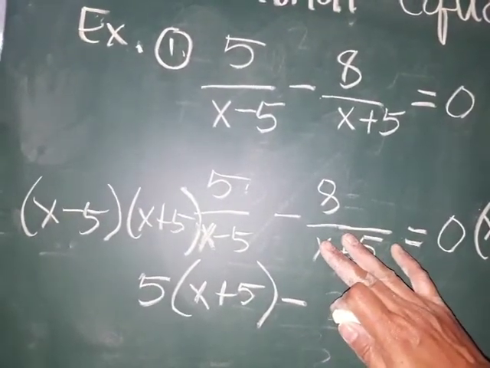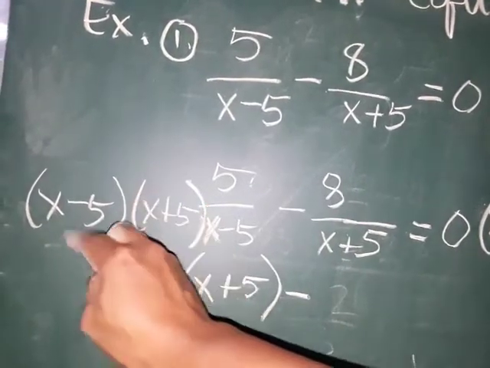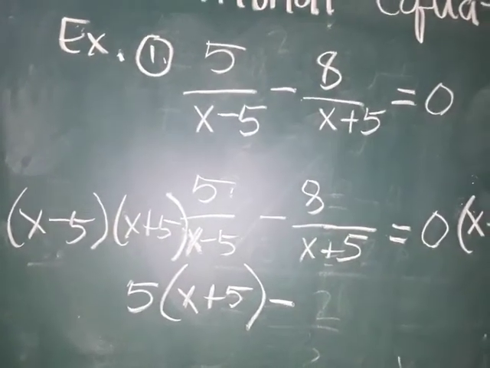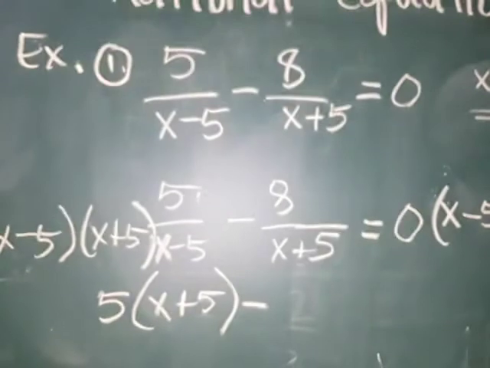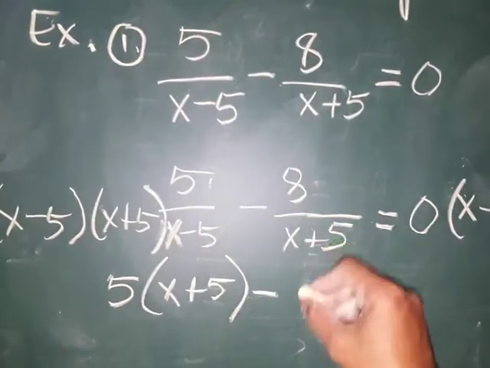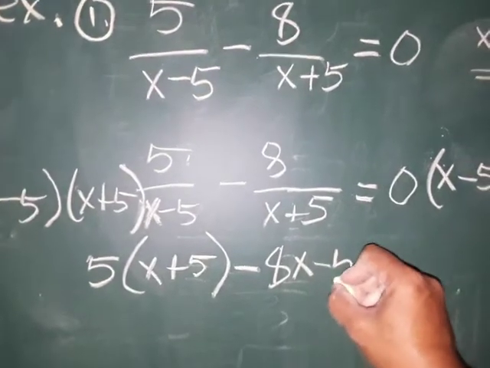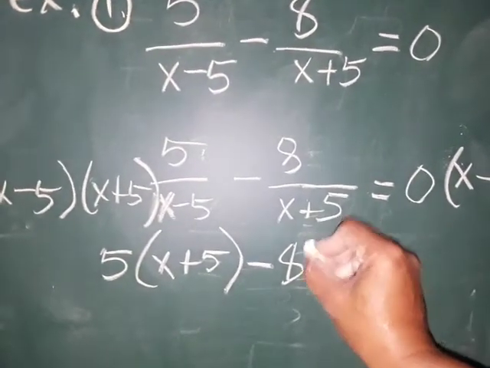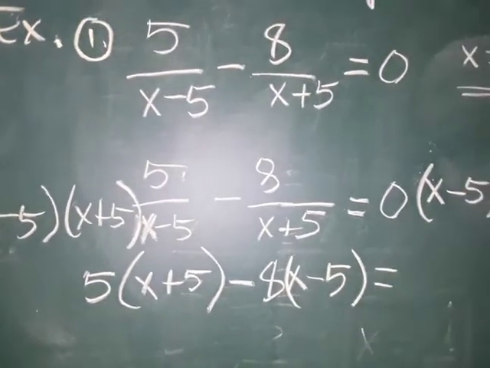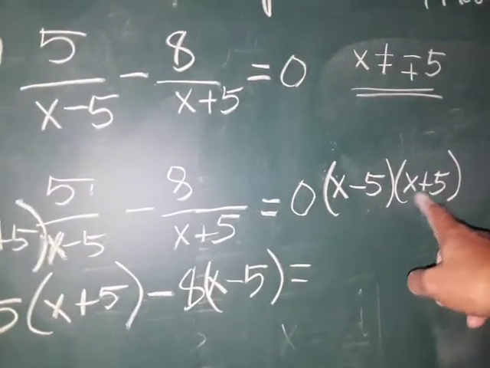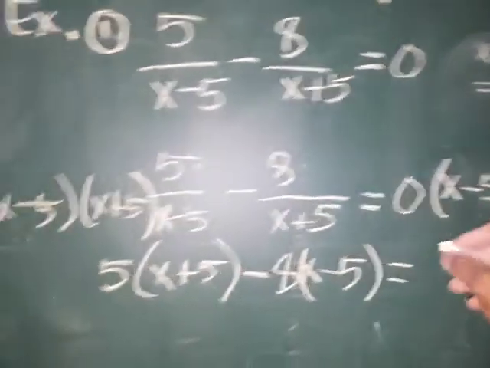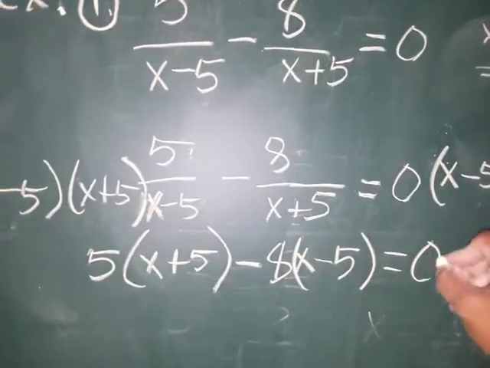So, mawawala ito. Mawawala yan. Ang matitira ay x minus 5. So, copy 8 multiplied by x minus 5, is equal to x minus 5 times x plus 5 multiplied by 0 is equal to 0.